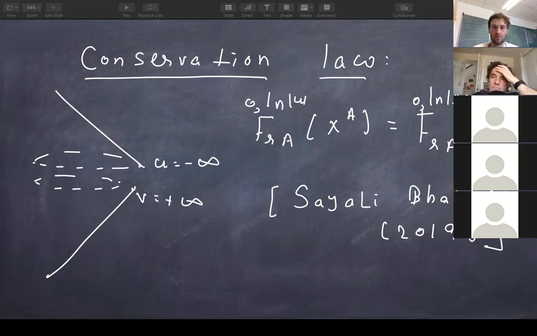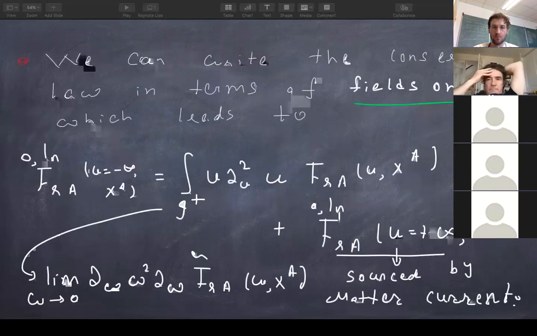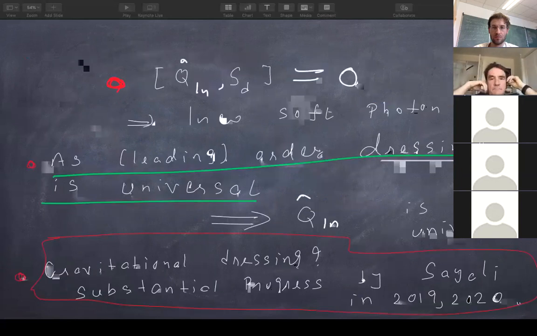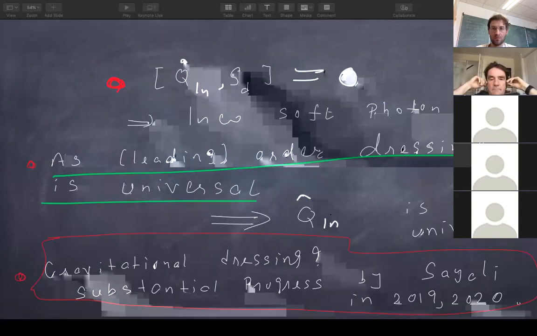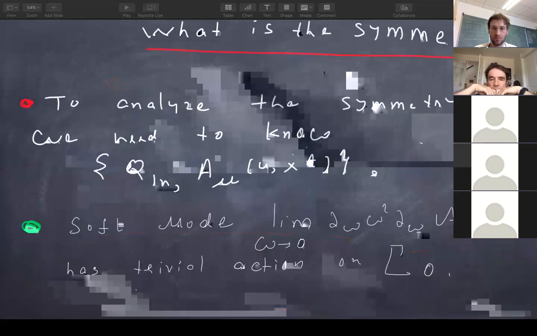Now you can ask whether you can quantize this charge. This is something that Miguel and I tried to do in our paper, and we showed that indeed the corresponding Ward identity gives us the log soft theorems, at least for the photon case, which is much simpler. But what we do not understand is what is the algebra or the symmetry related to the question you are asking.